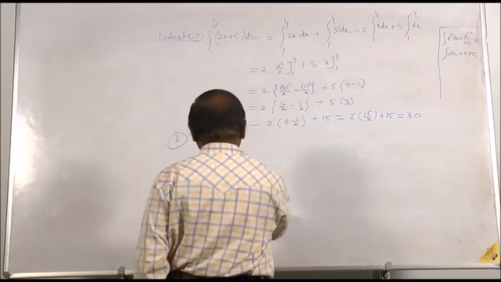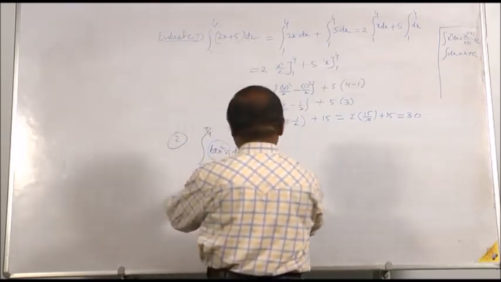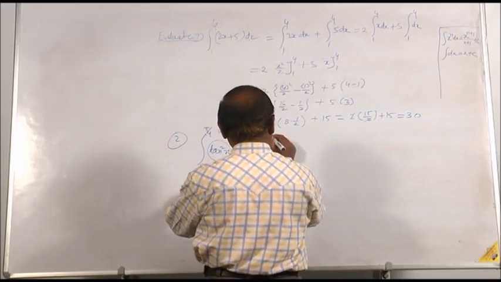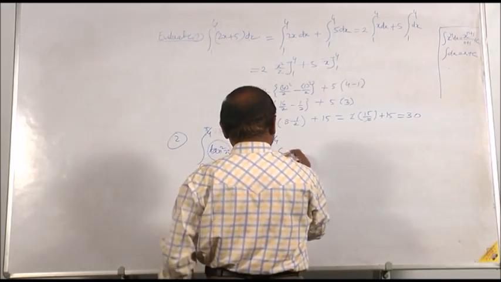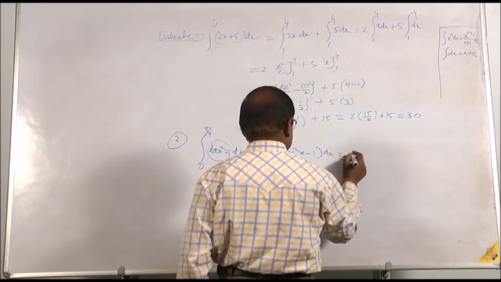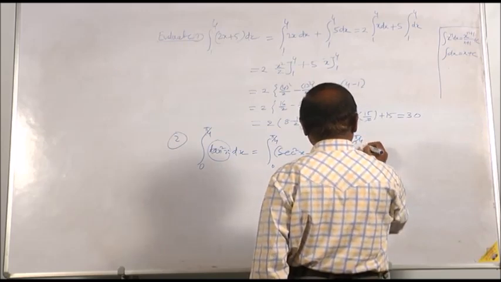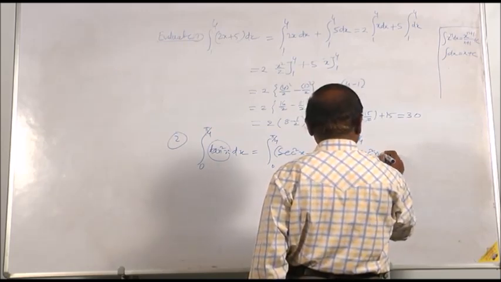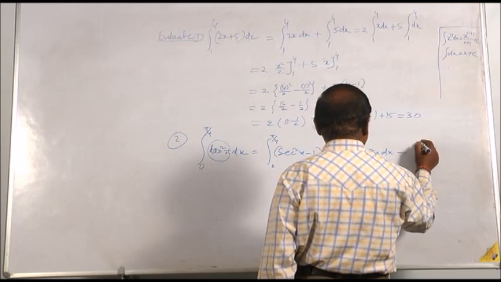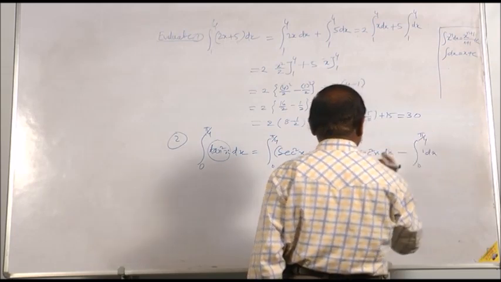We know tan² x, you have to split this as sec² x minus 1. Now applying the addition rule of integration, this becomes the integral of sec² x dx minus the integral of 1 dx, from 0 to pi by 4.